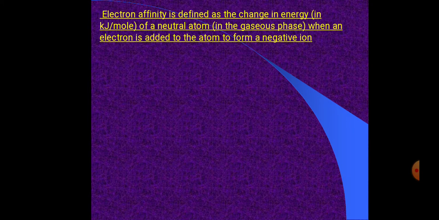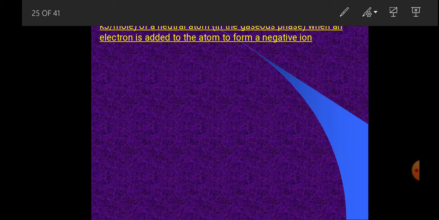I'm going to begin with the term electron affinity. Electron affinity means the amount of energy change when an electron is added to an atom. The energy has to change.